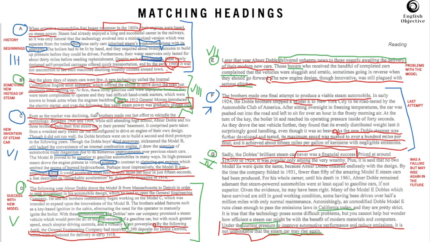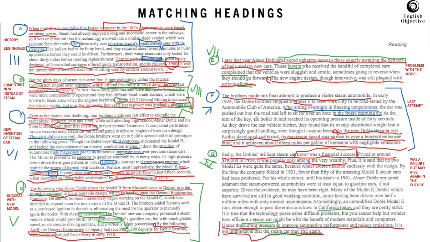The brothers made one final attempt to produce a viable steam automobile. In early 1924, the Doble brothers shipped a Model E to New York City to be road tested by the Automobile Club of America. After sitting overnight in freezing temperatures, okay, so they do speak about cold here, the car was pushed into the road and left to sit for over an hour in the frosty morning air.